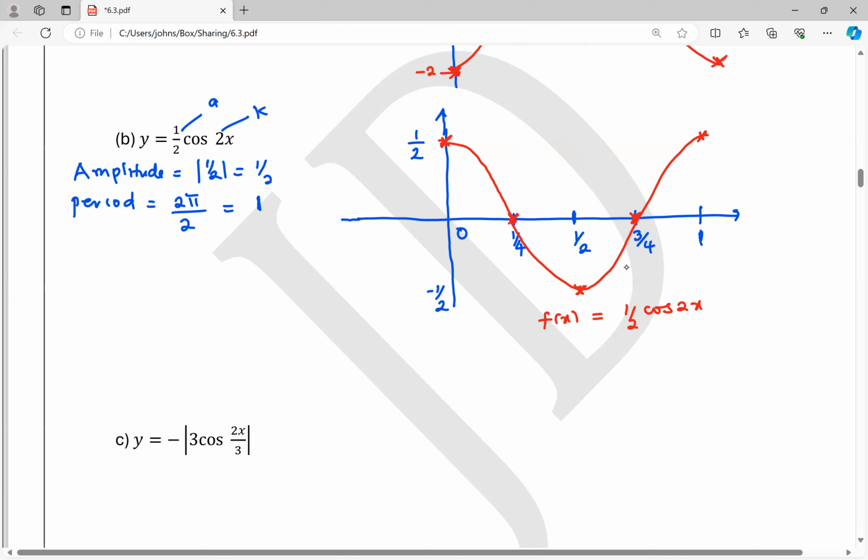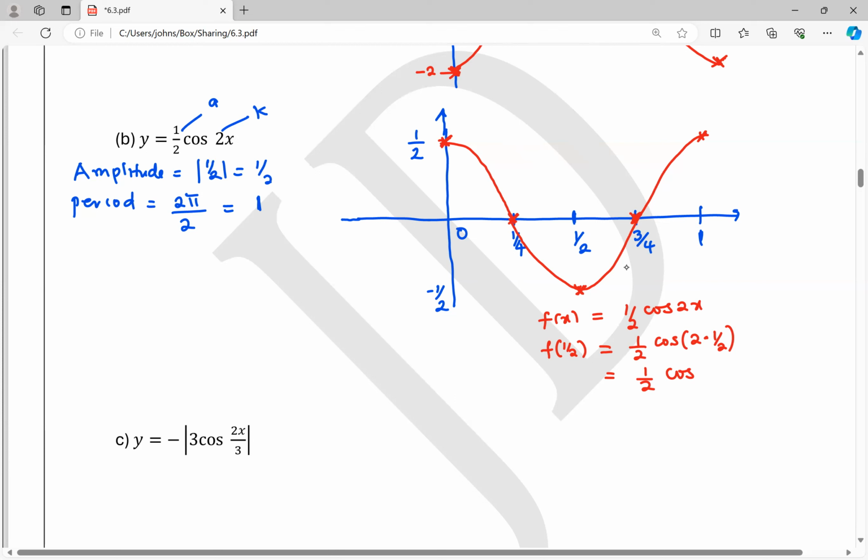Now let's find f of half. It means you substitute x to be half, right? So this will be 2 times what? 1 over 2. And this is going to be half cosine of what?